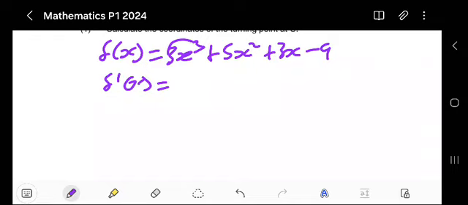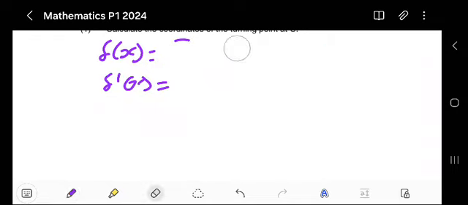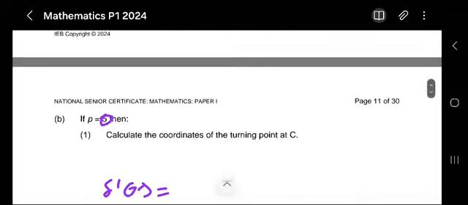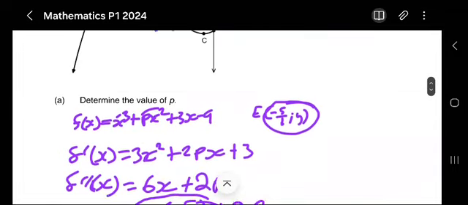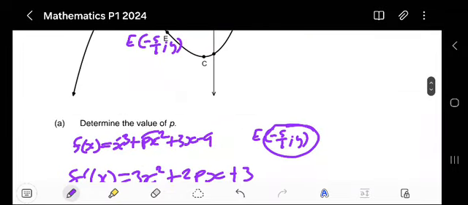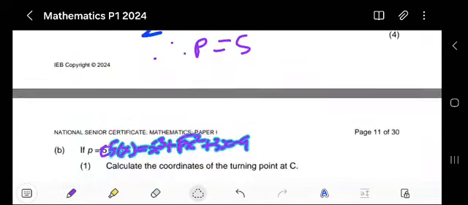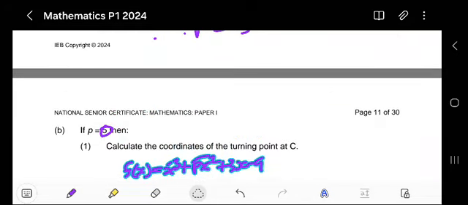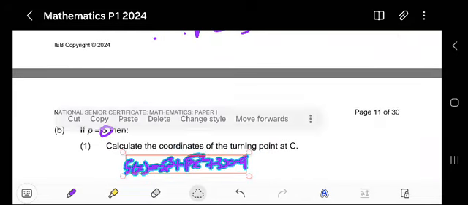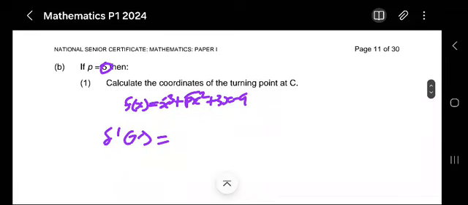Let me check the original formula, where was this original? Oh, here it is. I don't want to do some silly mistake. Here is the original that we were given.